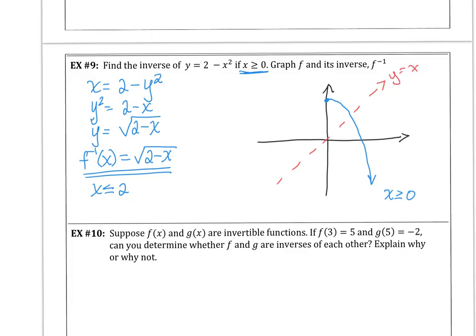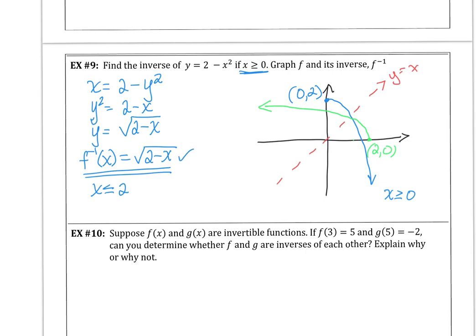And then the inverse function, we'll graph that in green. The square root of 2 minus x is going to be starting here at 2, 0, where the function y was at 0, 2. So you can see that the domain is less than or equal to 2 on our inverse.